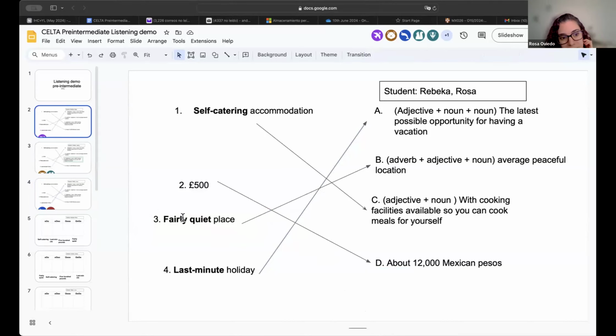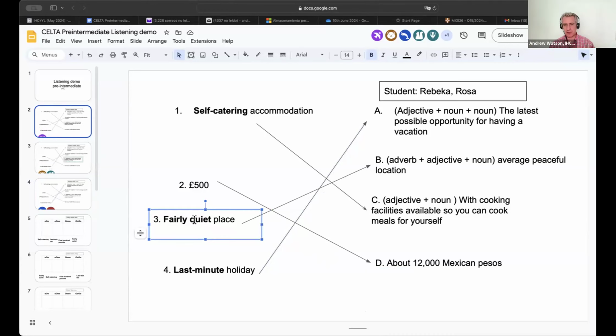Fairly, yes. You can usually tell because it's an ly at the end, right? And the adjective is quiet. And last is the adjective, and minute and holiday are the nouns.